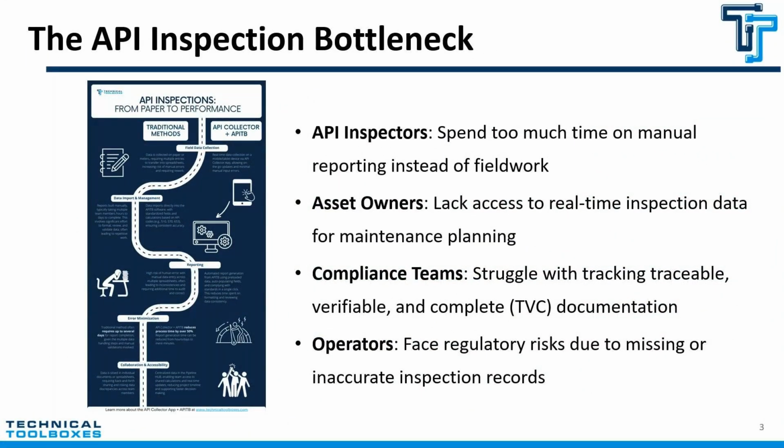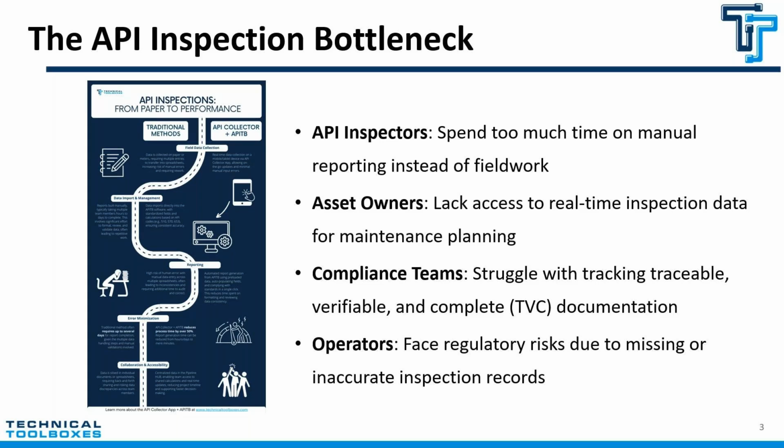So some of the things involved in the bottleneck of doing inspection reports and inspections. API inspectors spend too much time on manual reporting instead of field work. Asset owners lack access to real-time inspection data for maintenance planning. Compliance teams struggle with tracking traceable, verifiable, and complete (TVC) documentation.